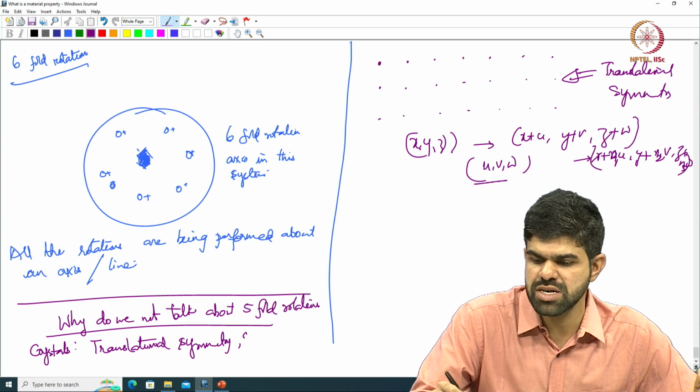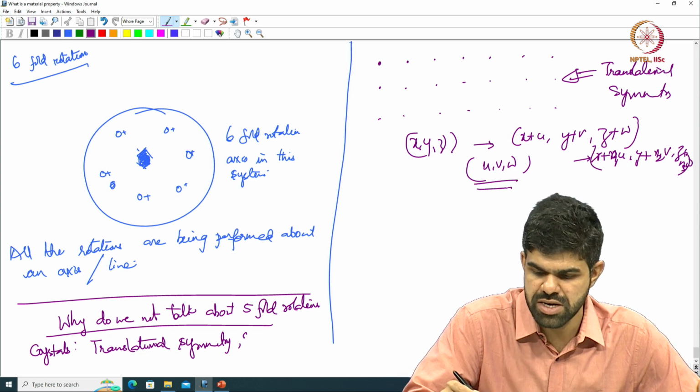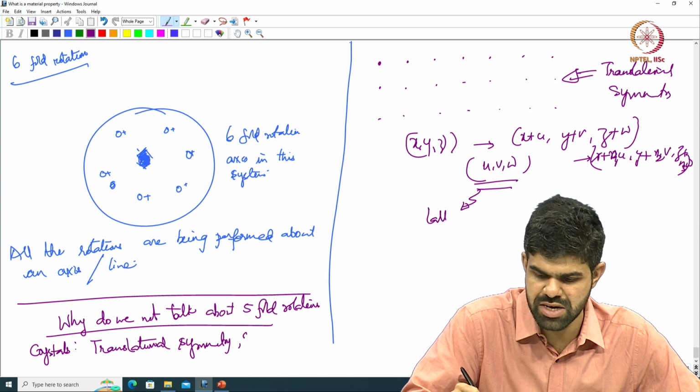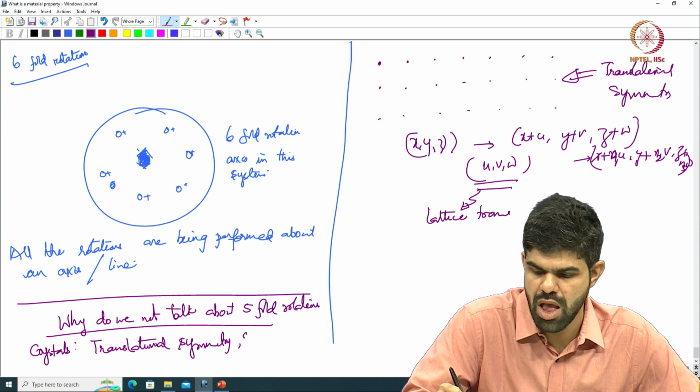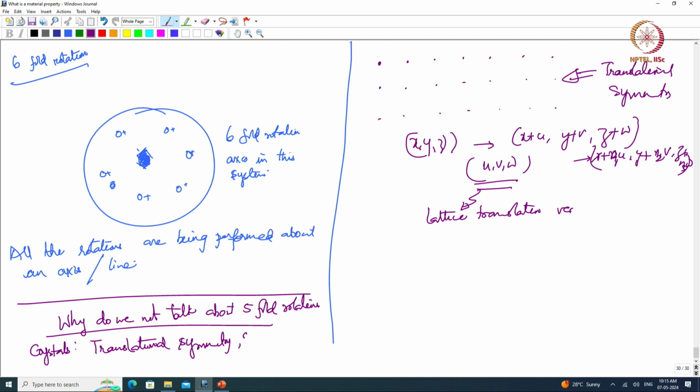So these vectors u, v, w are the translation vectors, what are called lattice translation vectors. And what you have is actually a translation symmetry in any crystal.